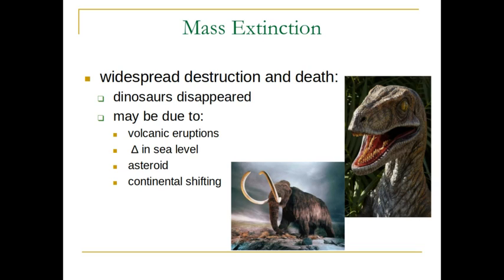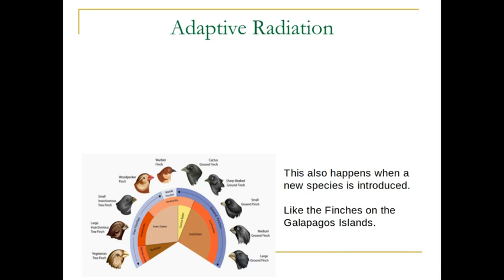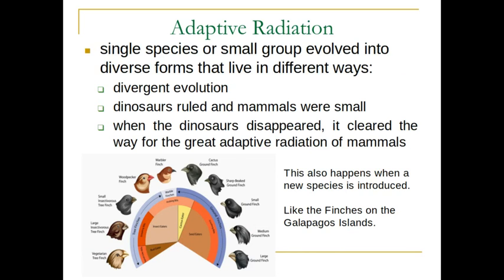Continental shifts change the connections between different land masses, and if those land masses are separated, then that often means that individuals can't interbreed. And if they can't interbreed, then you get adaptive radiation. This is individuals who are going to interbreed with other individuals that are most like themselves.